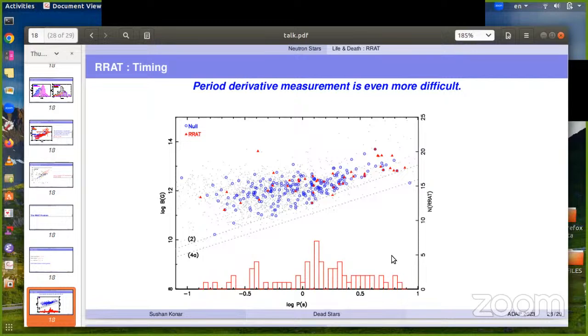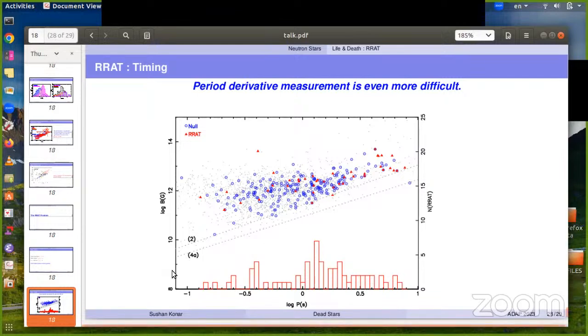They have to be above the death line. Okay, maybe very close to the death line, but they have to be above the death line. So that much we can say about their magnetic fields. Therefore, let us say I assume that the 4A line is my death line.